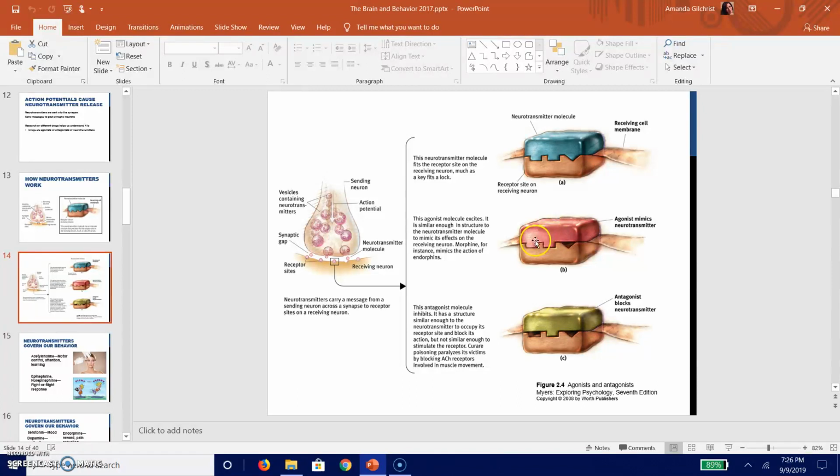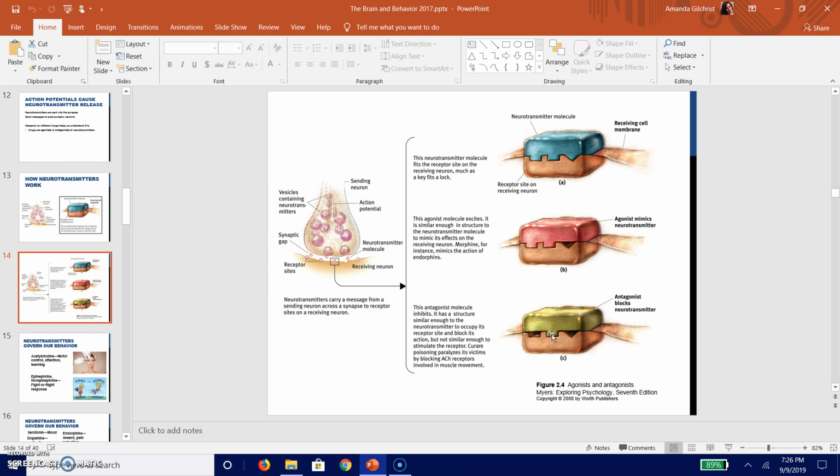In this case, it's partially because it is similar enough in structure to the receptor site. So morphine, as you see in this image, can actually mimic and enhance the effect of our endogenous opioids or endorphins. They operate similarly.